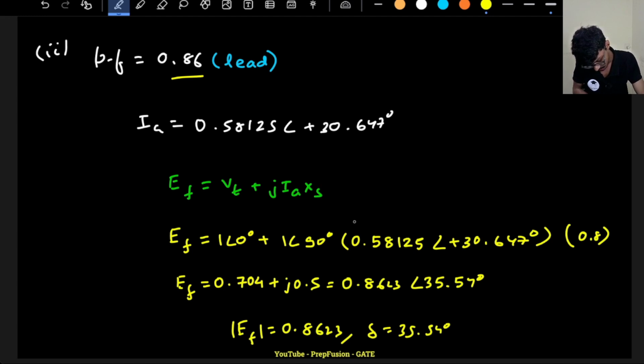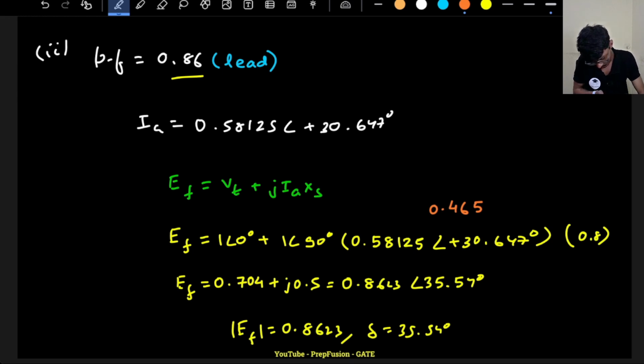This multiplication is 0.465. And now I will do this: cos of 120.647, cos of this into 0.465 plus 1.